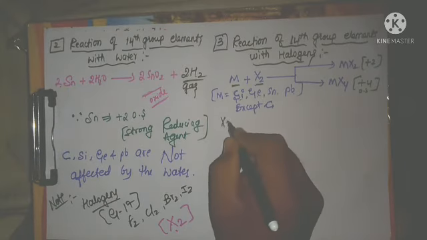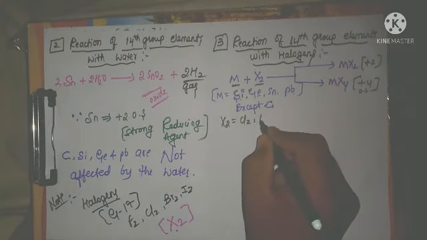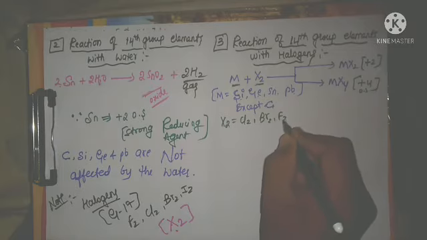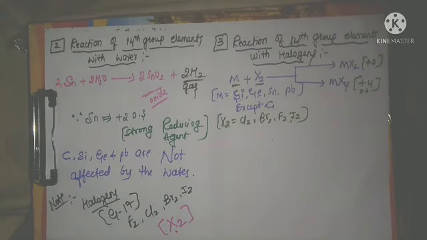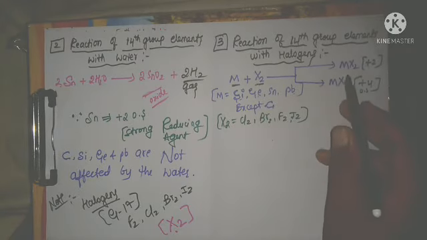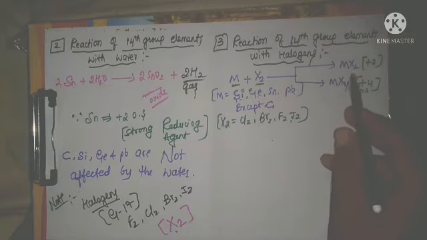And here X2 means what? Maybe Cl2, Br2, F2, I2, etc. Halogens. Right. Now we will see the general characteristic properties of these halogen compounds, that is halides.